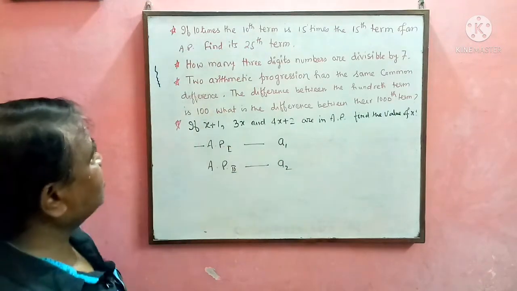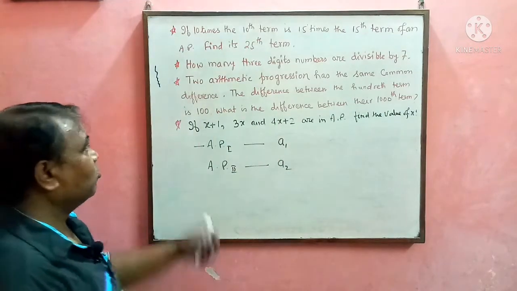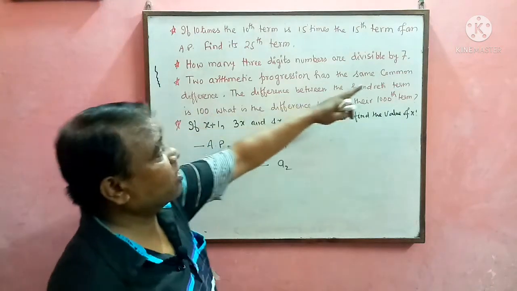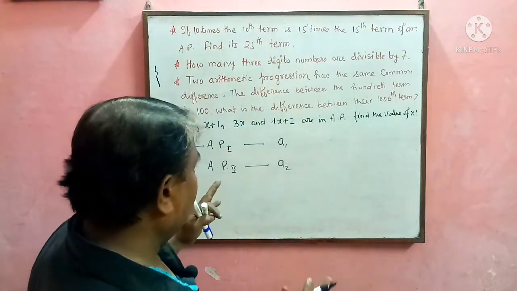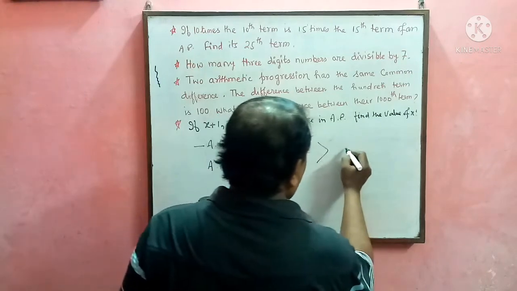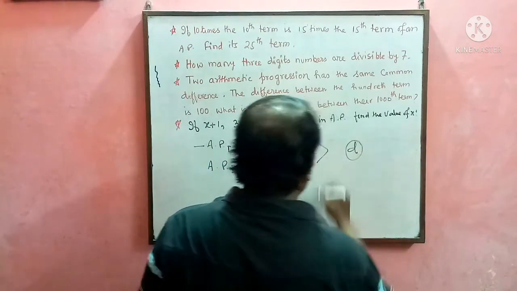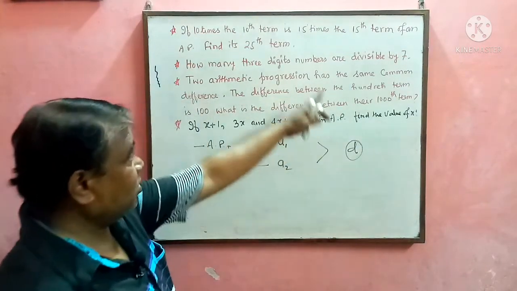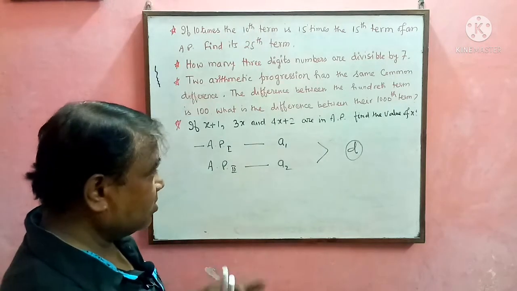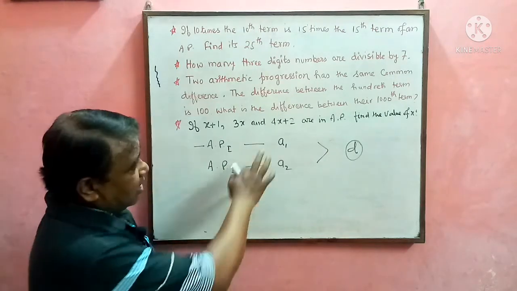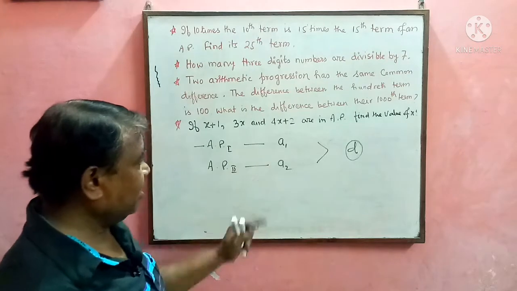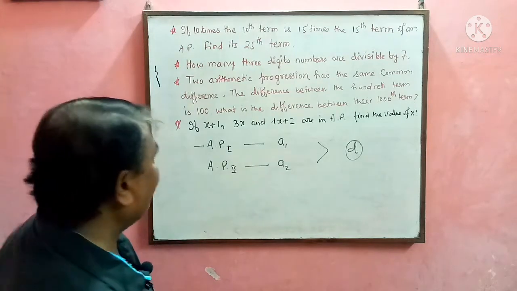What is given here, just try to follow the question. Two arithmetic progressions have the same common difference. Let their common difference be D. The common difference D is the same for both the cases, and for the first AP this is A1, and for the second this is A2.